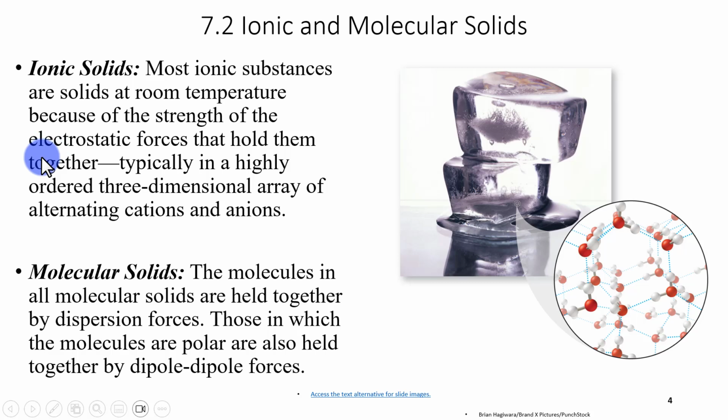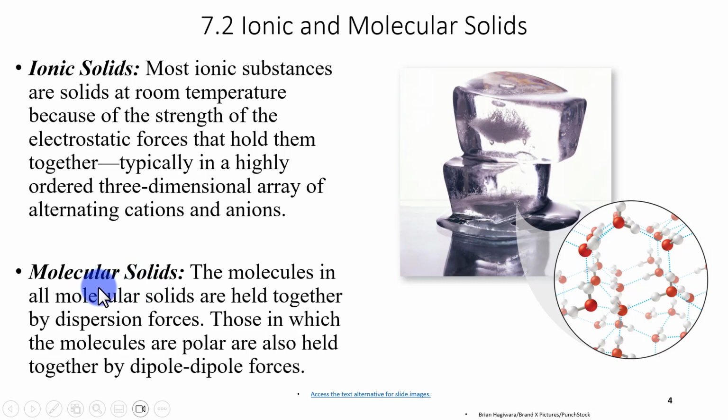And this is due to the electrostatic forces that hold the ions together in a very ordered 3-dimensional array. So not just 2-dimensional, but even a 3-dimensional array. And we have alternating cations and anions that occupy these ordered structures.